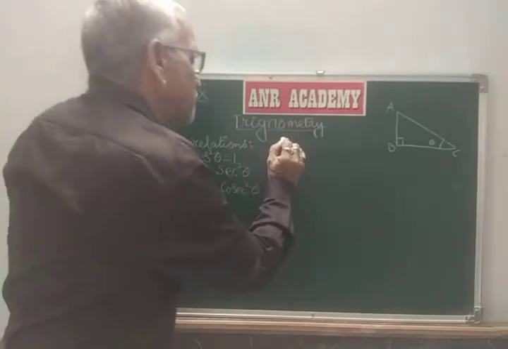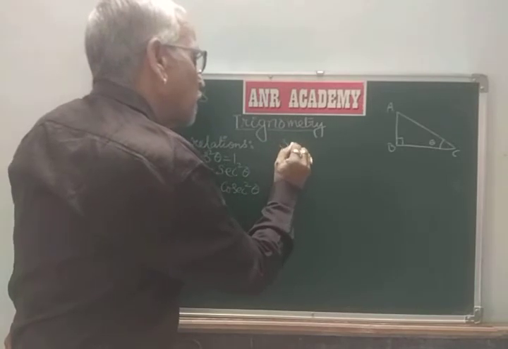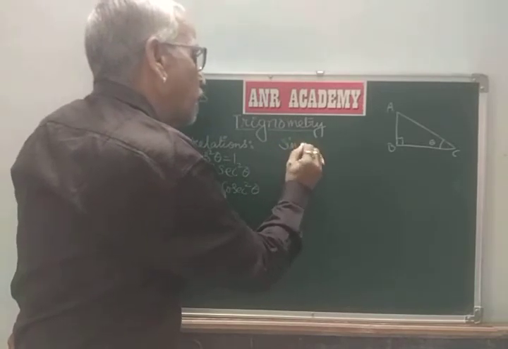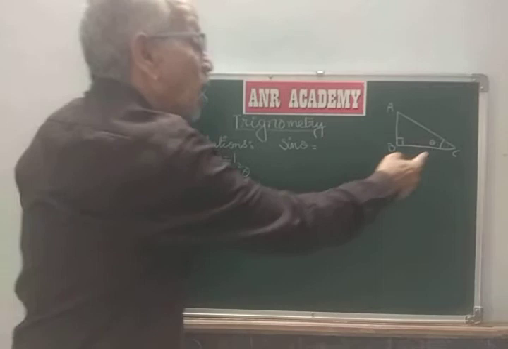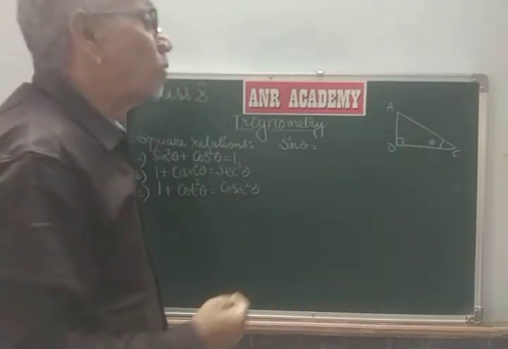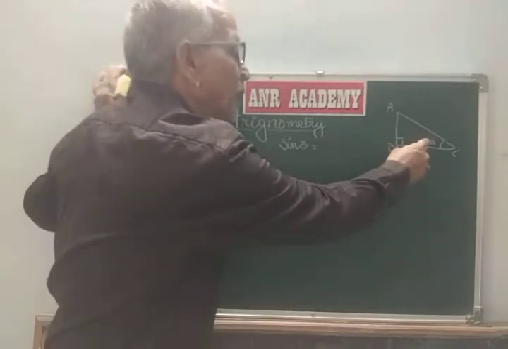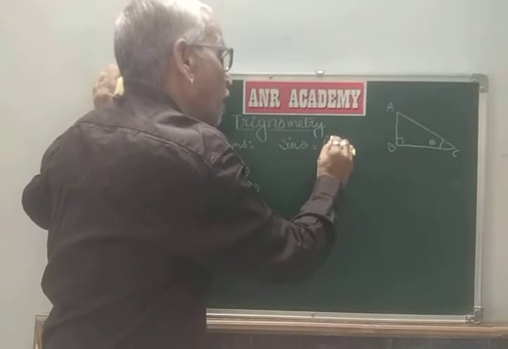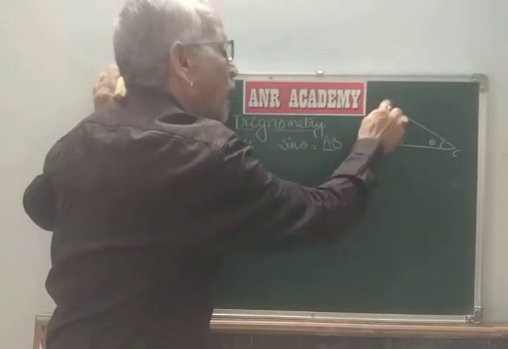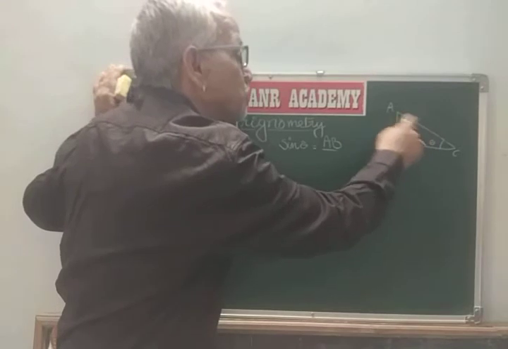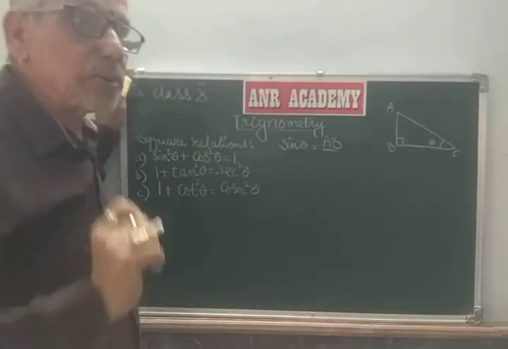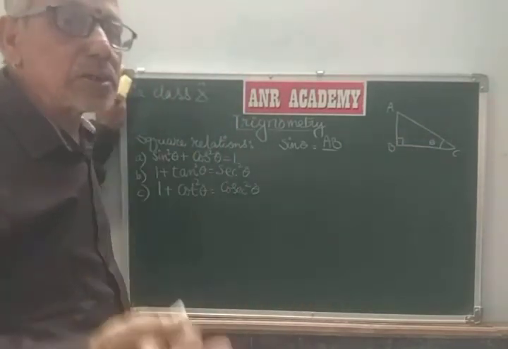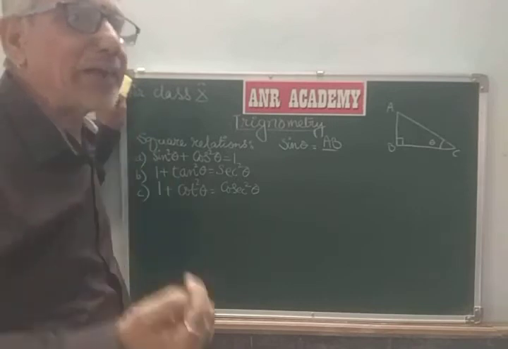So what is sin theta? Sin theta is equal to the opposite side. What is the opposite side for angle theta? AB, by hypotenuse. What is the hypotenuse? AC. The hypotenuse is the side opposite to 90 degrees.